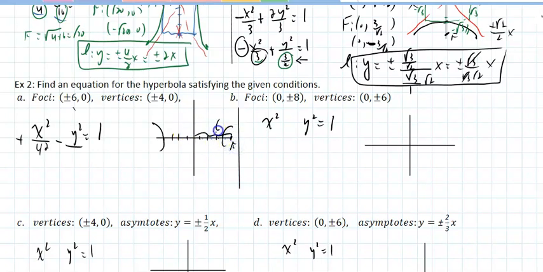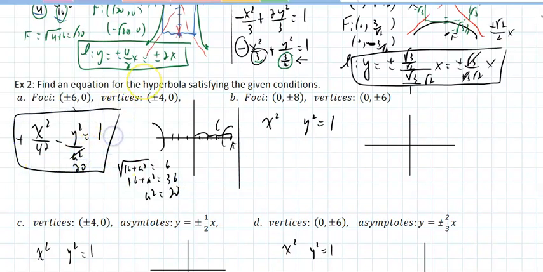So this is 6 units. If I call this a squared, if I take the square root of 16 plus a squared, I get 6. Square both sides. Subtract from both sides. There's my answer. Very simple.